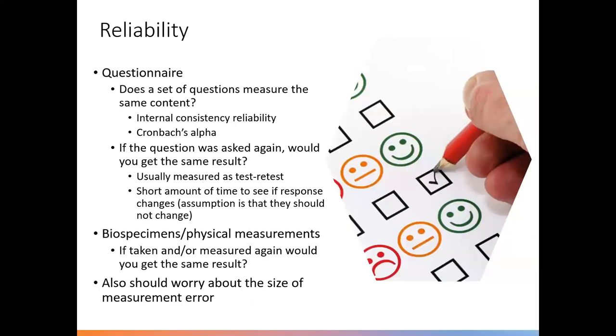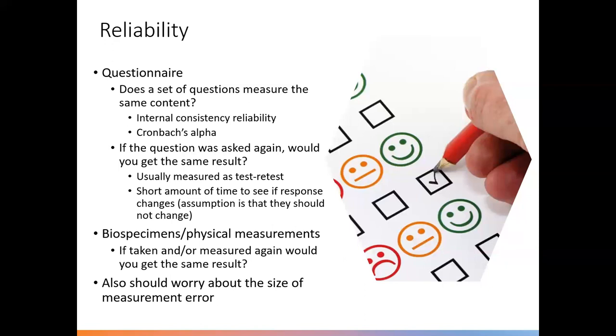And then reliability asks, does the set of questions measure the same content? And if we ask the question again, would we get the same results? So the first kind of reliability is more about internal consistency, right? If we have a set of questions that we're going to use as our measure, like a depression scale, are those internally consistent?